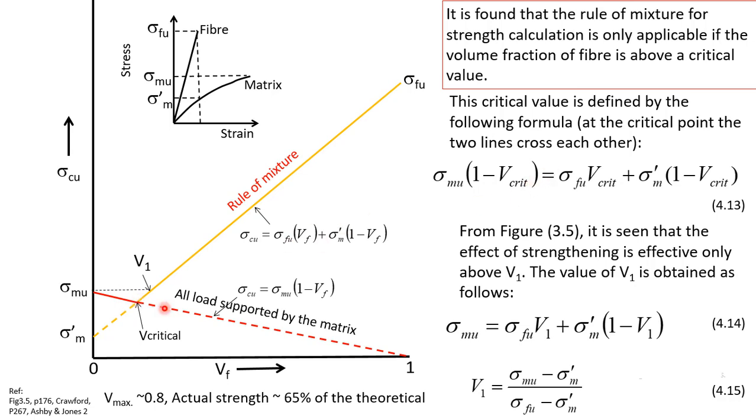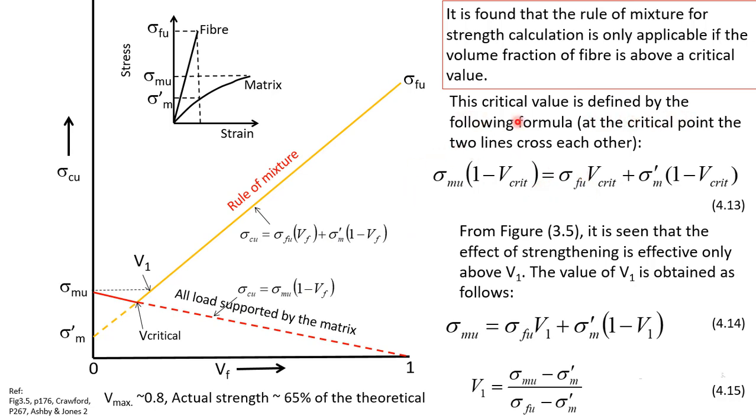In order to find out V critical, since at this point both lines cross each other, this line has the equation of this one, and this rule of mixture line has the equation of this one. So we will equate the right hand side of these two equations, which has been done here.